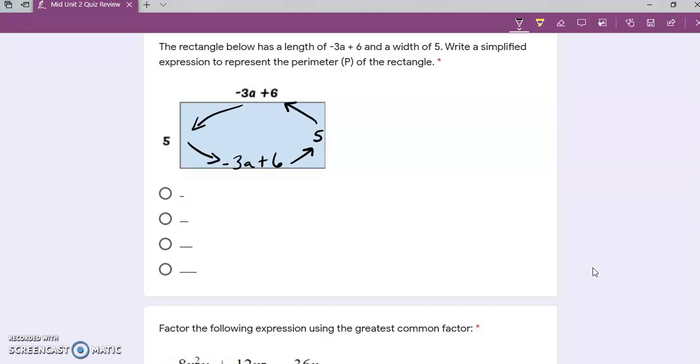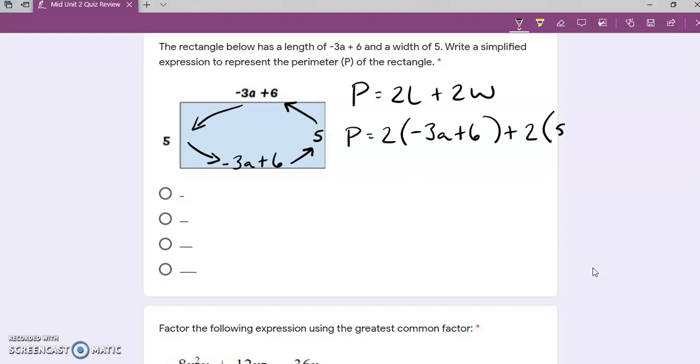So I'm trying to add all the sides together. So my perimeter is 2 times the length plus 2 times the width, because I have a length and a length, a width and a width. 2 times the length is negative 3a plus 6. 2 times the width is 5.